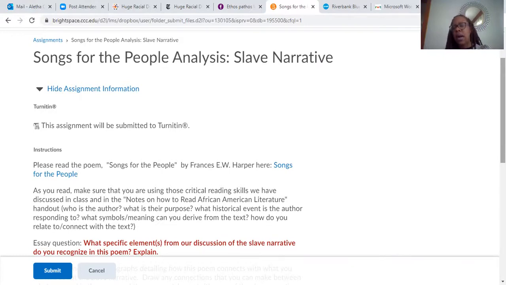We know it's really important to consider the author when we are reading any literature, but especially African American literature. So I asked you guys, who is the author? What is their purpose? What historical event is the author responding to? What symbols or meanings can you derive from the text? And how do you relate to or connect with the text?